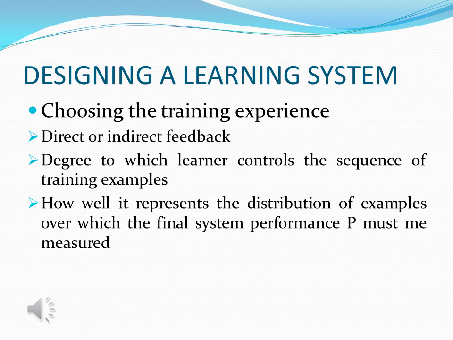First attribute is whether the training experience provides direct or indirect feedback regarding the choices made by the performance system. In direct feedback, for every position, there is a fixed feedback that is to be followed.